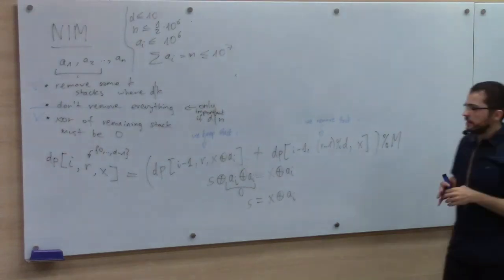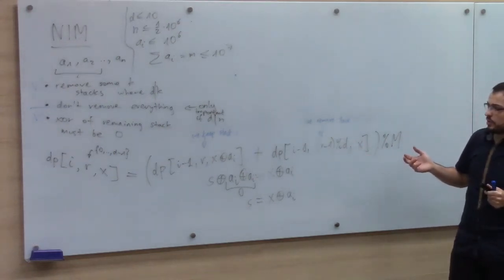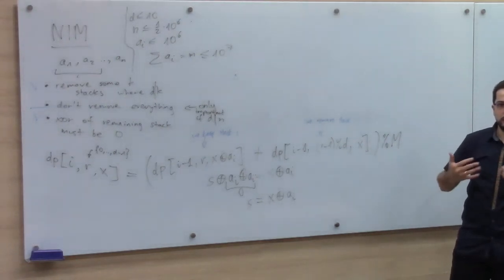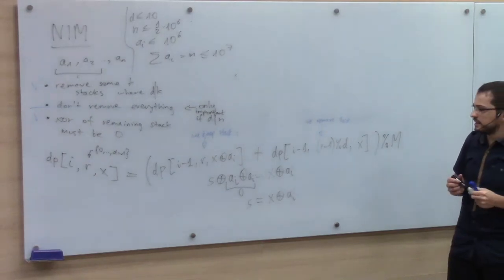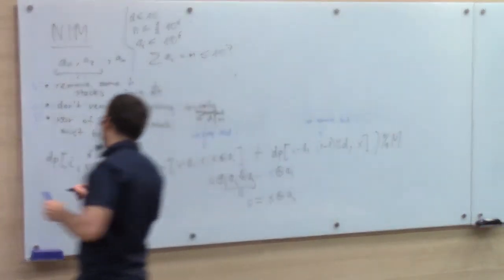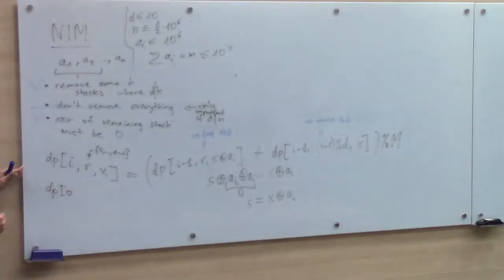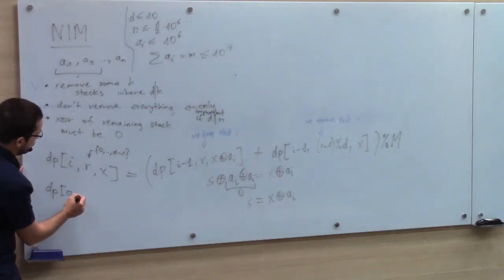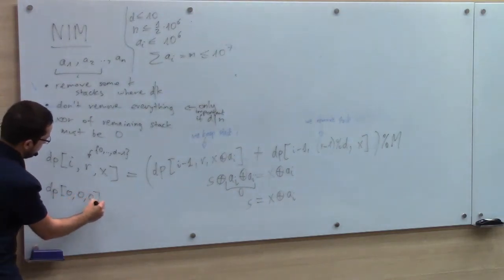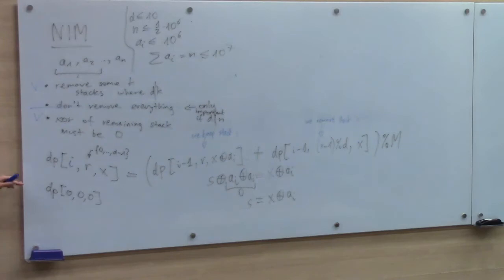So this is the recurrence formula. It's also quite easy to see what happens for the base case. We can initialize with 0. When we have 0 stacks, we know that the XOR is 0, and also the remainder of the taken stacks is 0.